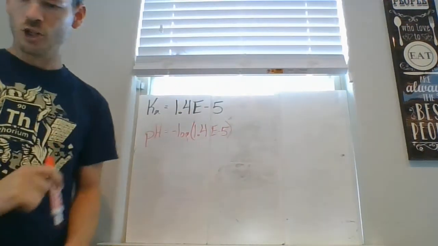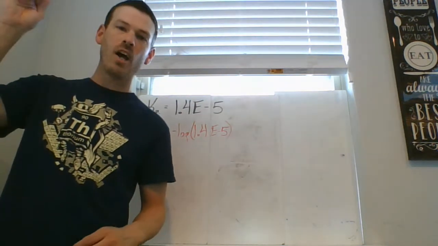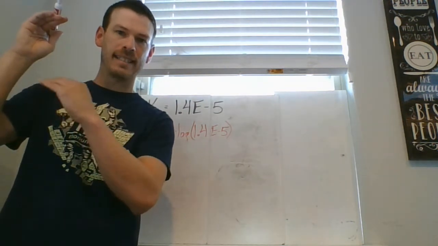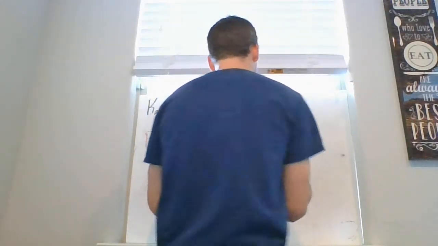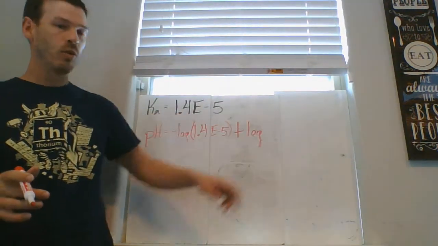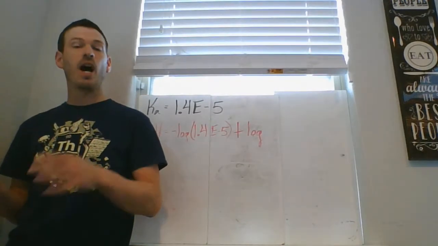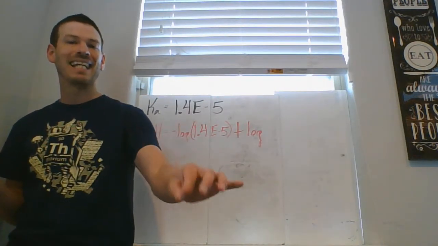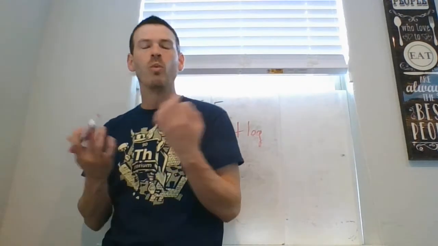Still following the equation, it then says we're going to add that to the log of the ion over the actual acid sample. And here's where some of y'all get confused: what to put over what. It's always the ion, the item that's hiding in the salt, that goes on top, because it will be an ion when it does its buffering job. Once it's dropped in solution and dissociates, the sodium won't matter anymore.